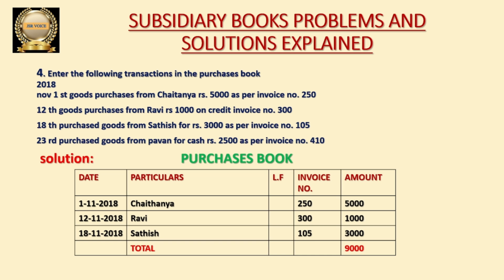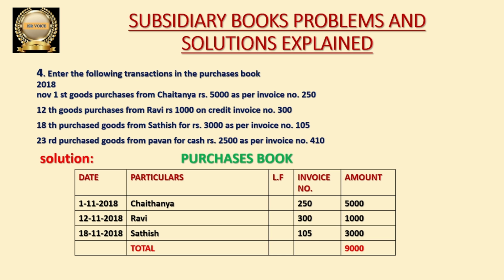Goods purchased from Chaitanya rupees 5000 as per invoice number 250. Goods only they are purchasing. One condition satisfied, from Chaitanya, name is given. Second condition also satisfied. Nowhere did they mention cash, so it is credit purchases only. All three conditions satisfied, we should record it.